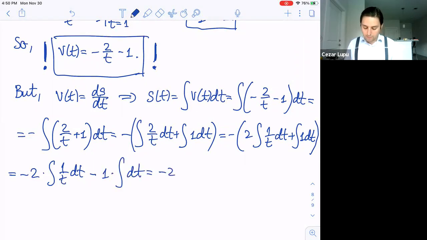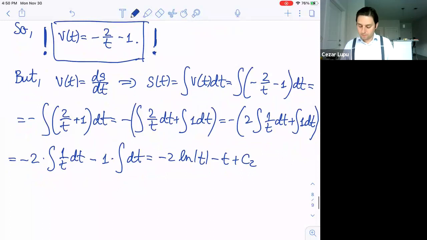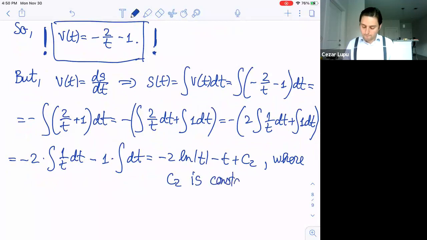And this will be negative 2 times ln of absolute value of t minus t plus another constant, let's say c2, where c2 is a constant. Okay, that's great. And now we would like to determine this constant.